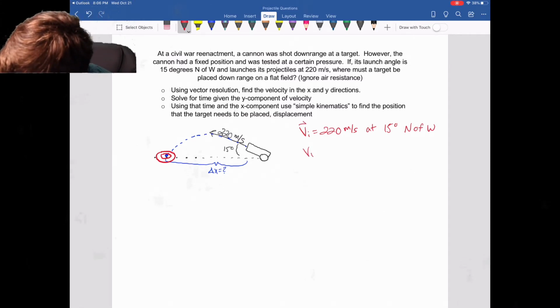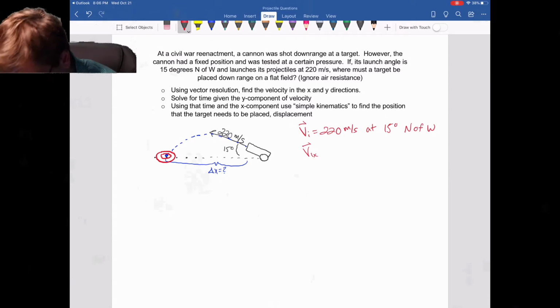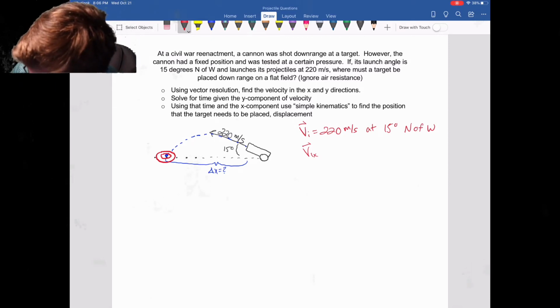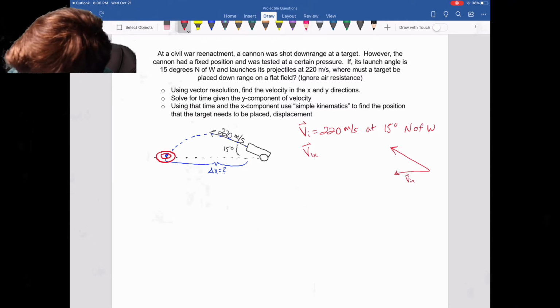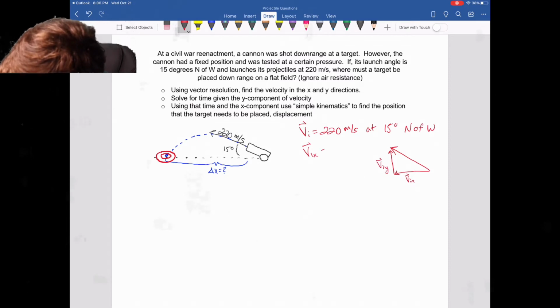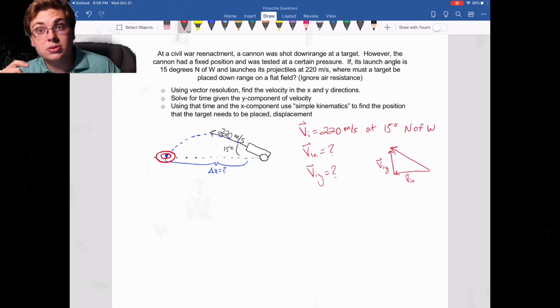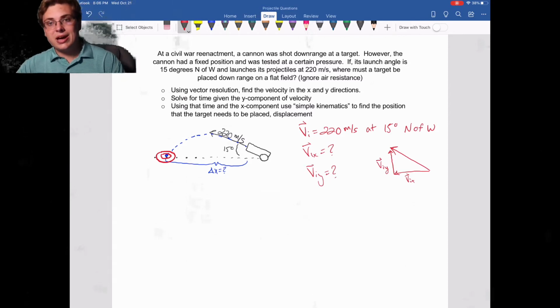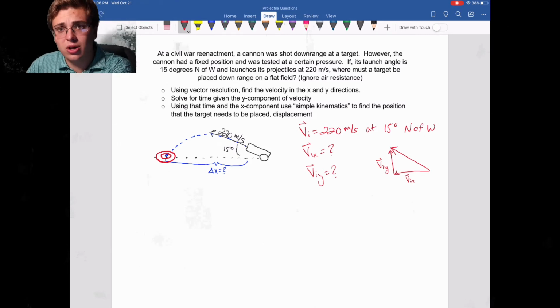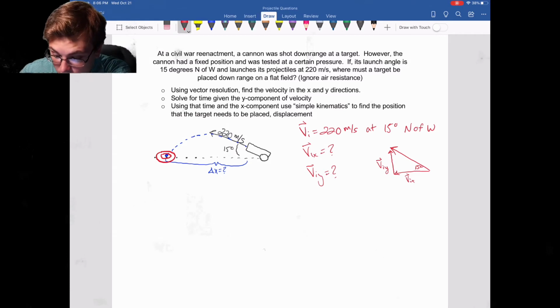So we can find our Vix, meaning our velocity in our x direction. I'm just going to draw a triangle here. So our x direction. Then we can find our velocity upward in our Viy direction. We need to figure out both of those, and if we do, we can figure out how far a cannon launches. For our velocity in our x direction, we need adjacent, so that's cosine.